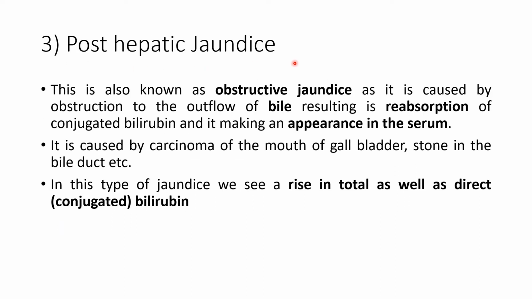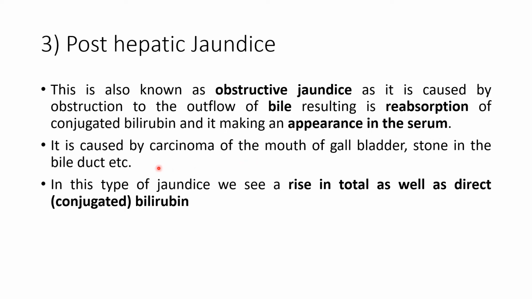Post-hepatic jaundice. This is also known as obstructive jaundice as it is caused by obstruction to the outflow of bile resulting in reabsorption of the conjugated bilirubin, and it makes its appearance in the serum.